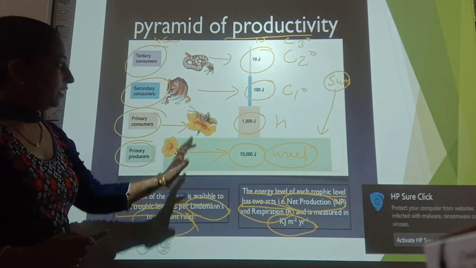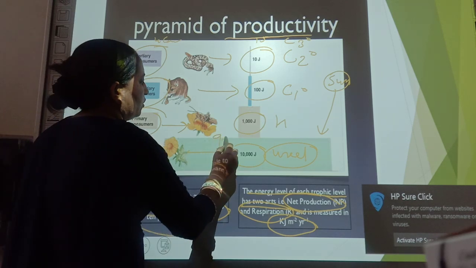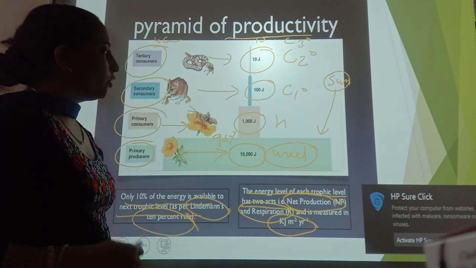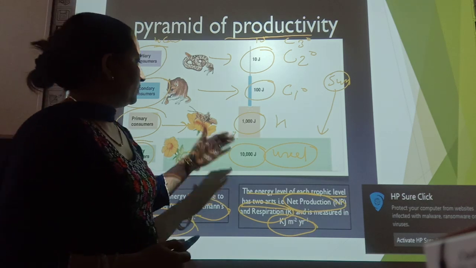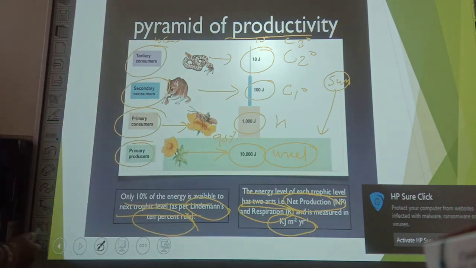So at each and every step 90% of energy is lost, and only 10% of useful energy is transferred to the next level.